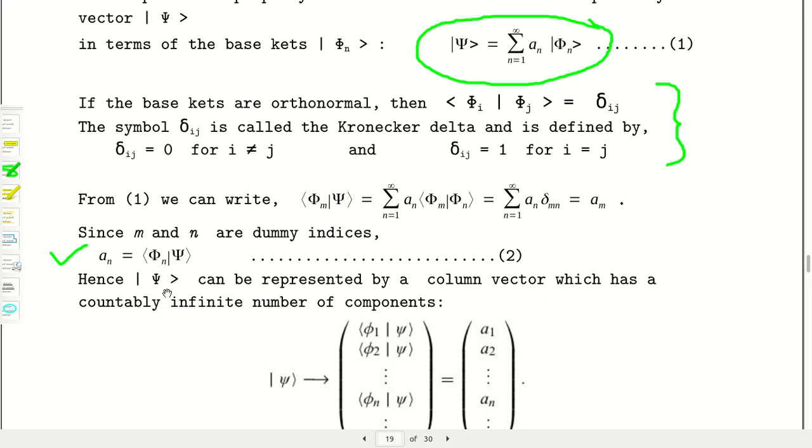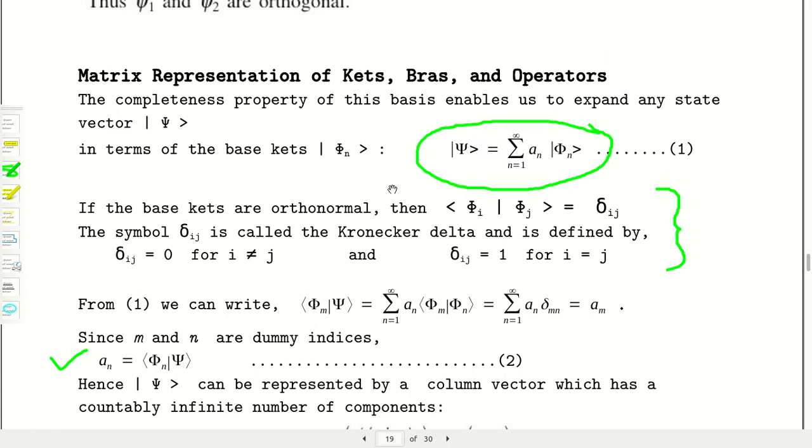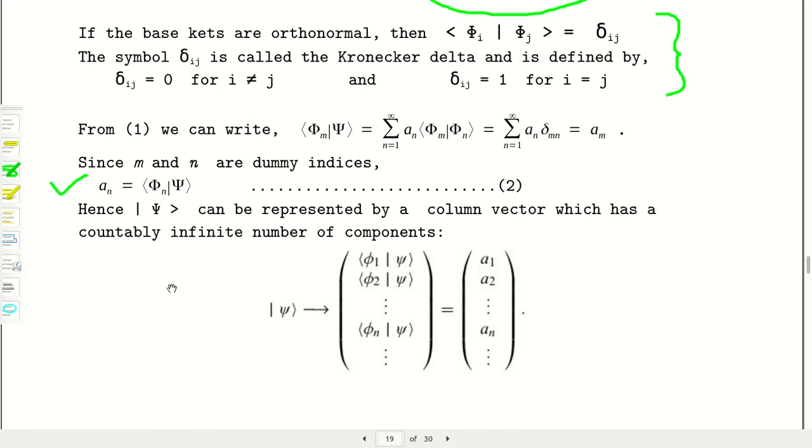Now our target is to represent the kets, the bras and the operators in quantum mechanics by matrices. We have discussed earlier that kets are represented as column matrices and bras are represented by row matrices, and the operators we need to find out. Later I will come into that.